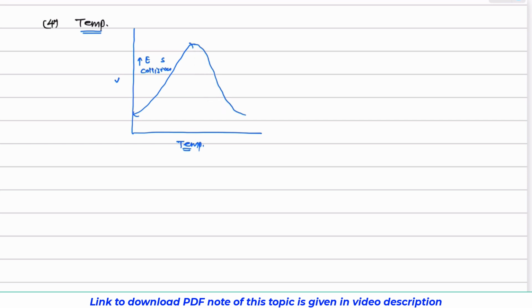Then if temperature increase leads to increased collision, why does it continue only up to a certain point? Why after a certain temperature is the speed of reaction decreasing? The reason for this decrease is that after a certain temperature the enzyme will start denaturation.